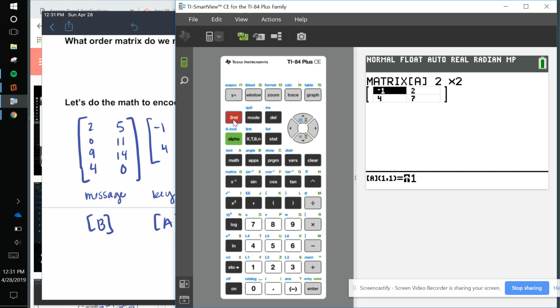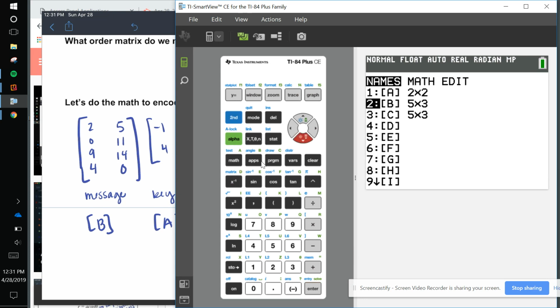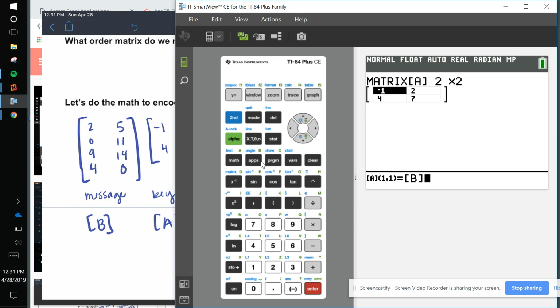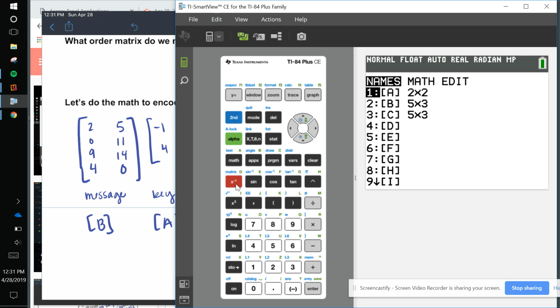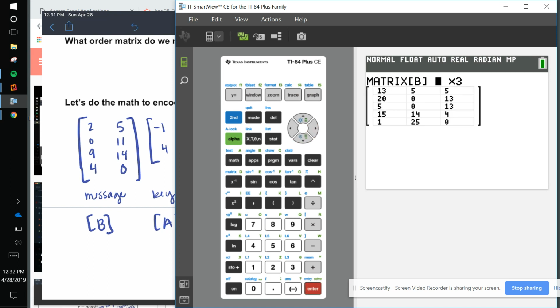Then I'm going to go ahead and select matrix B for our message. Matrix B is going to be a 4 by 2.